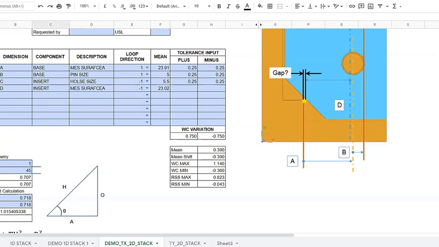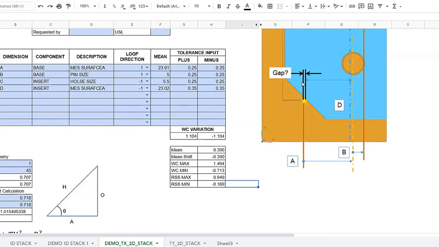Now we come to know that the variation is 0.7 at the opposite side and adjacent, since it is a 45 degree right angle triangle. Now I need to give this overall value. Here our range is 0.707 by 2. So now the stack loop is completed.